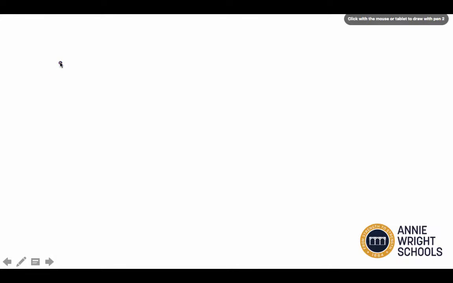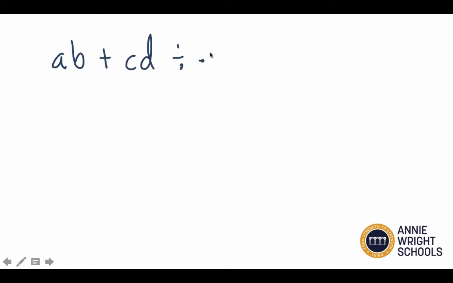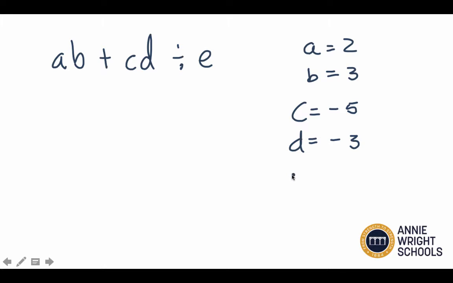So try this example here: AB plus CD divided by E. A is equal to 2, B is equal to 3, C is equal to -5, D is equal to -4, and E is equal to 2. So try that example.